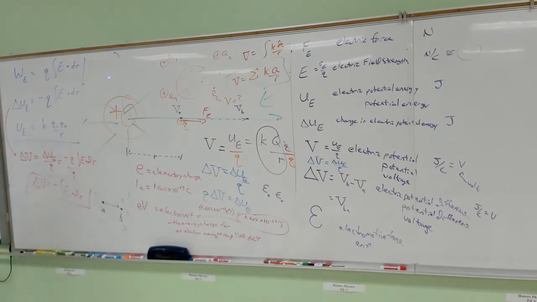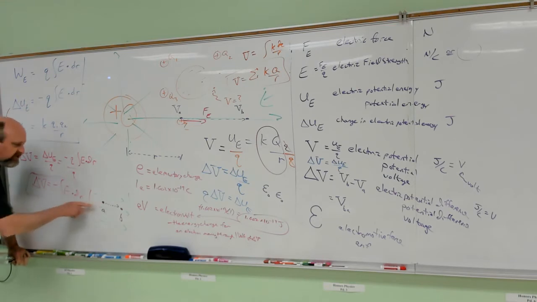And so my delta V would be negative. I have a loss of potential energy for that positive charge. It'd be negative over a positive, so I would get a negative answer out. My delta V is negative E dot dr, that's cosine 0, which is 1. It works out right.